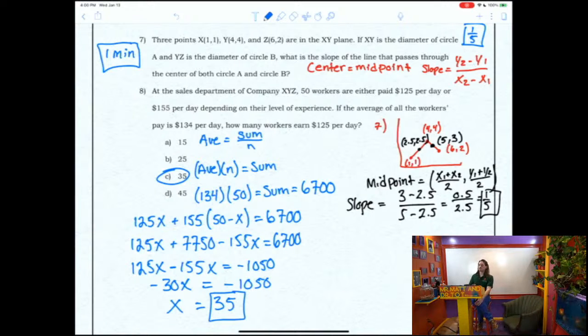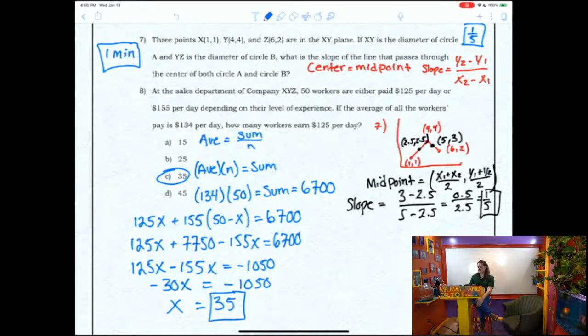You just need to make sure that when you multiply that 155 through, it gets distributed to both values inside the parentheses. So you need to do 155 times 50, which is 7,750, and 155 times negative x, which is going to be negative 155x.